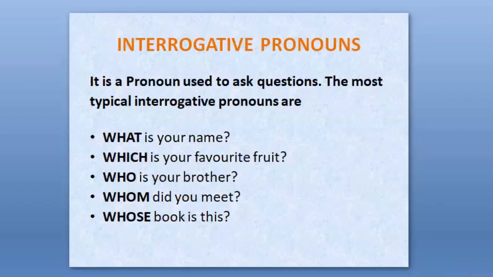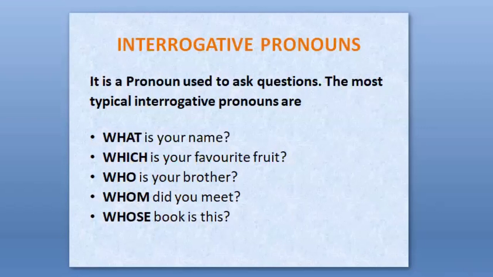Examples. What is your name? Which is your favorite fruit? Who is your brother? Whom did you meet? Whose book is this? Now this is a very common sentence which you use regularly in the school. Whose book is this? Whose pen is this? Whose bottle is this? So children, what, which, who, whom and whose. These are the interrogative pronouns.